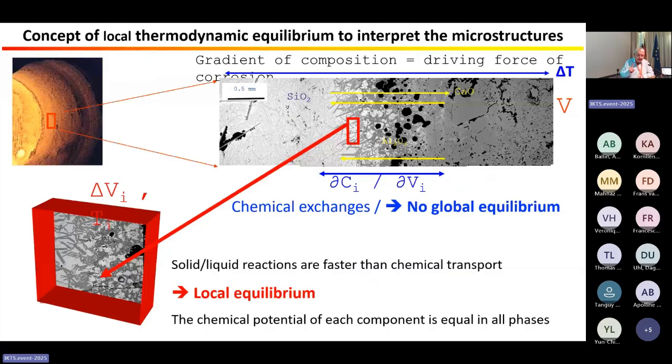That means that we can apply the concept of local equilibrium, and locally, the chemical potential of each compound is equal in all the phases. That means that we can use the thermodynamics.